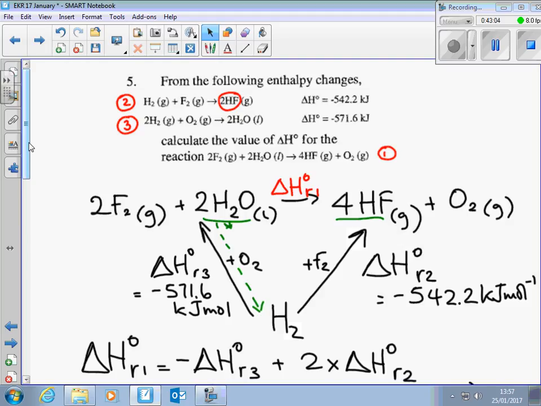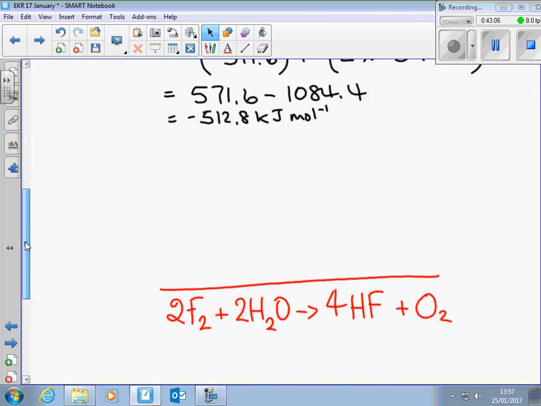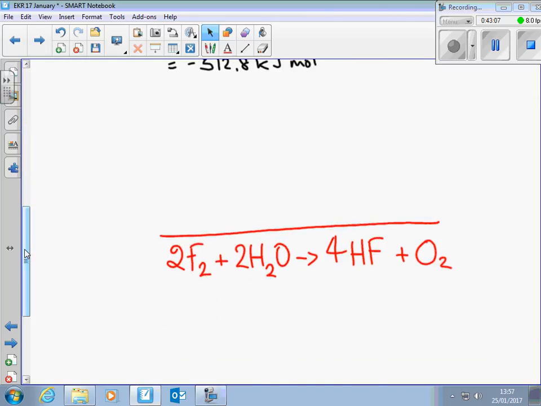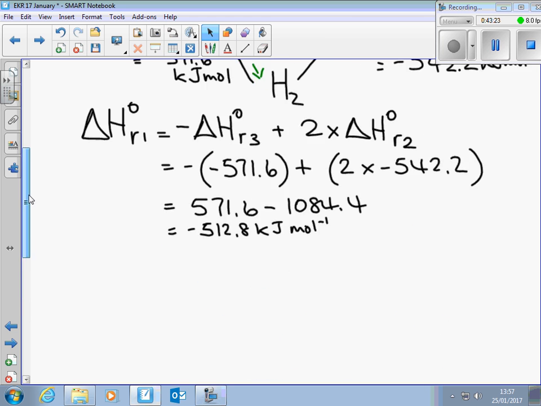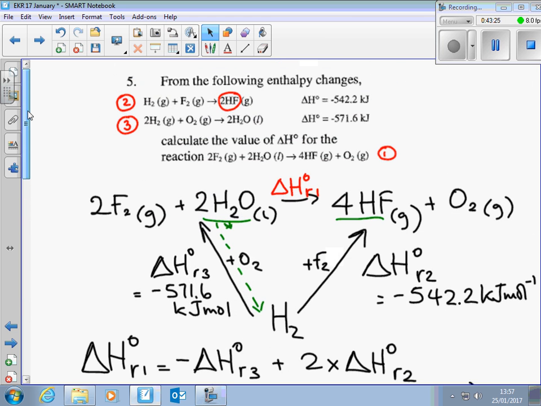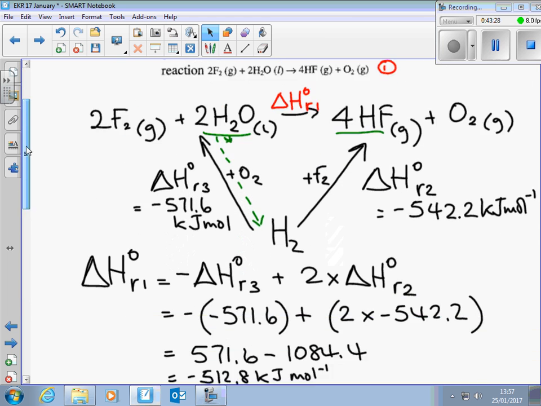Now, if we look at our end equation, the really important thing is getting that hydrogen fluoride on the right. So we can leave equation 2 that way round, and we know that from the diagram we've just drawn. All right, but have another look, go back up. H2 and F2 gives you 2 HFs.